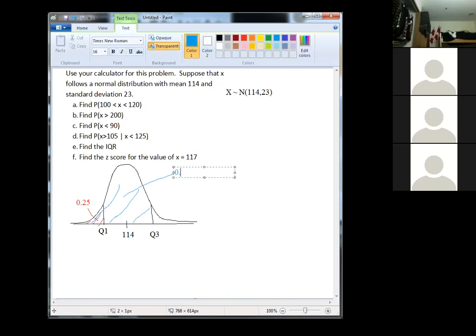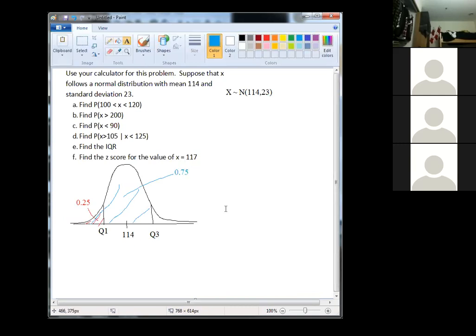Yeah, 0.75. Great. Any questions so far? Okay, so we need to find the values such that the area to the left is 0.25 and the area to the left is 0.75.